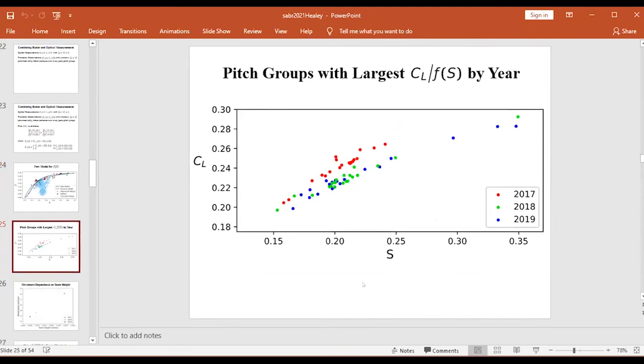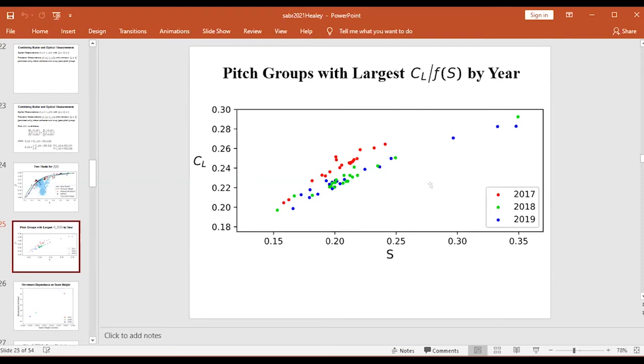Here, what we did is we were taking the pitches with the largest ratio of CL to this function f of s. So these are the points at the top of the distribution. And we broke these down by year. And we see that the red points from 2017 have the highest lift. That means you're getting the most Magnus force.